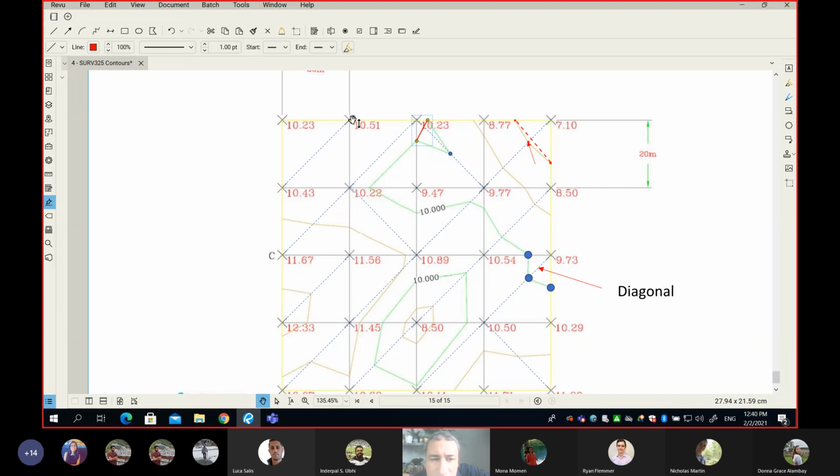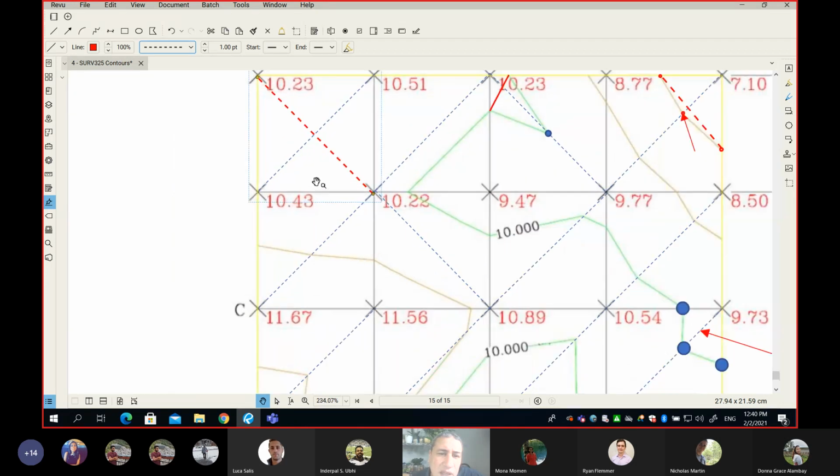Look at this. Some of them are going this way, and some of them are going this way. Some of the diagonal lines are not always going from the northeast to the southwest. They can take any direction. And remember, I'm asking you, both of them are correct. For example, if I draw a diagonal from this point to this point, and give it a dashed line, now we have two diagonals.